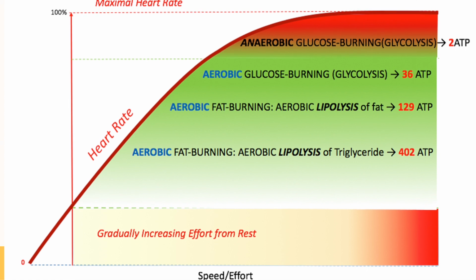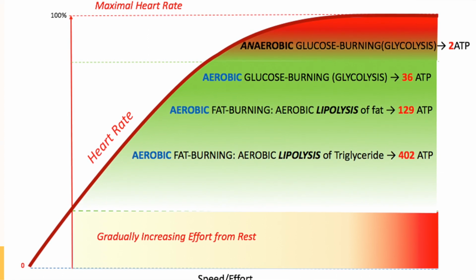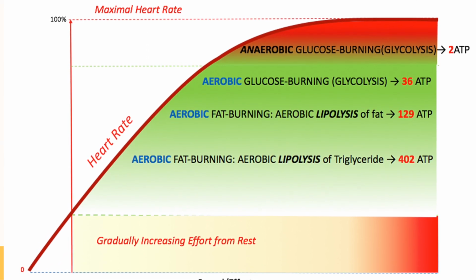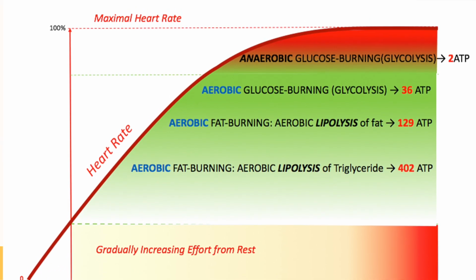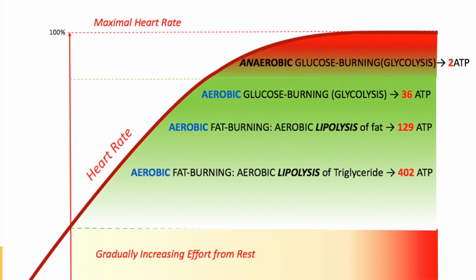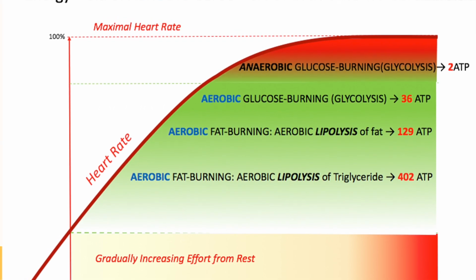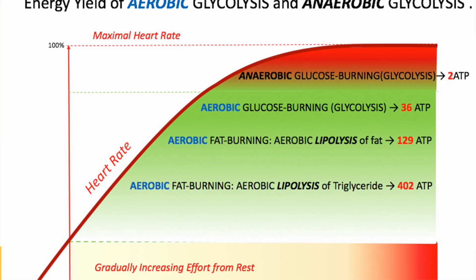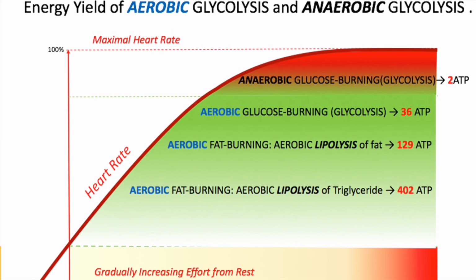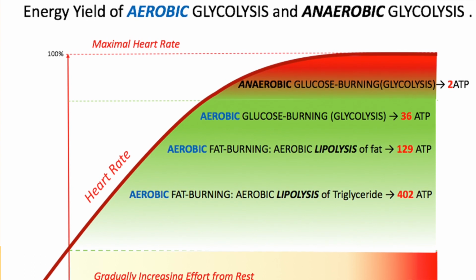So you can have very high aerobic intensity glycolysis, and then you have anaerobic glycolysis. The main difference is that aerobic glycolysis can produce a lot more ATP or energy per unit of glucose than anaerobic glycolysis.